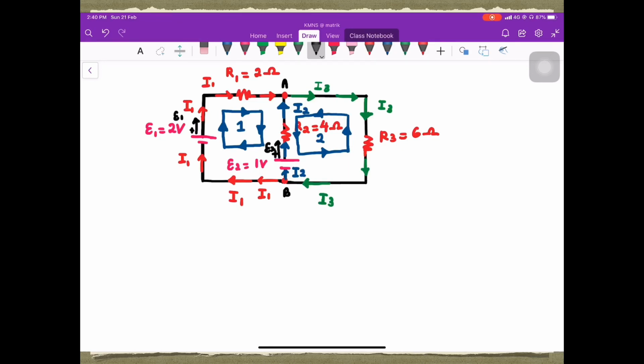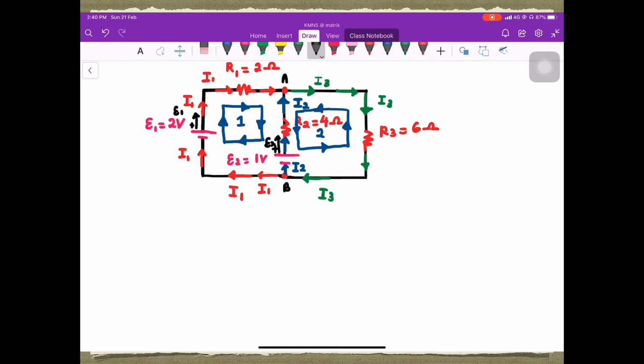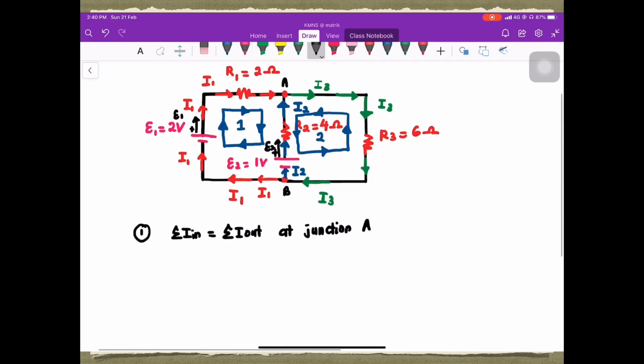Now look at the first law. The sum of I in equals the sum of I out at a junction. I choose junction A. Which currents are into the junction?